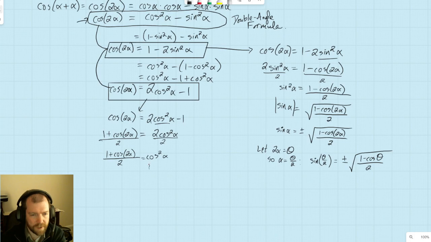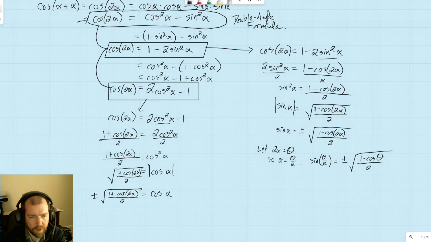Take the square root of both sides, and again, the absolute value of the cosine of alpha is going to be equal to the square root of 1 plus cosine of 2 alpha all over 2. And again, cosine of alpha is equal to plus or minus square root of 1 plus cosine of 2 alpha all over 2.